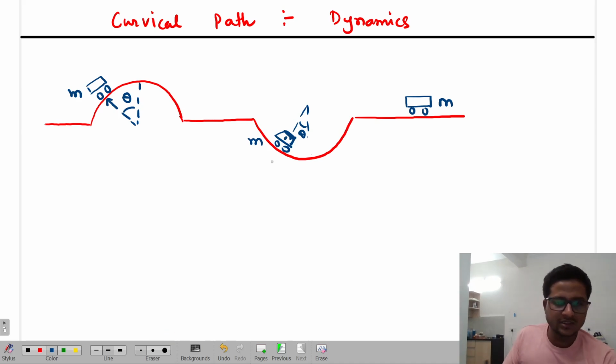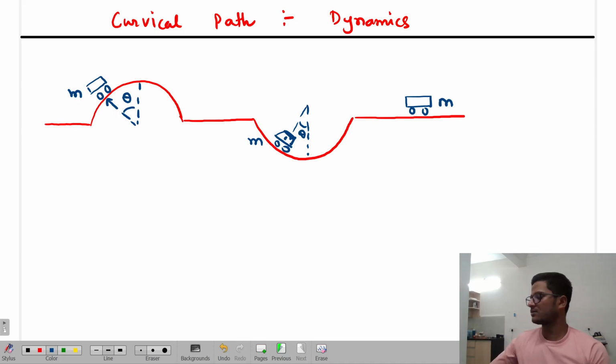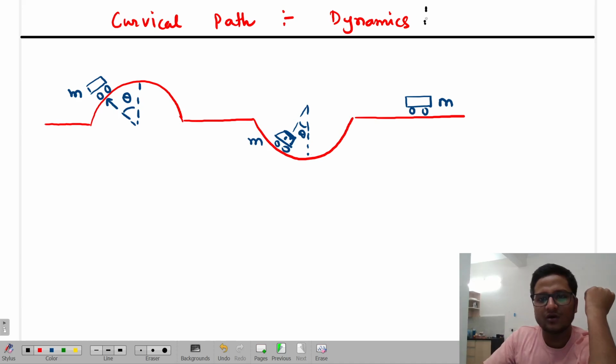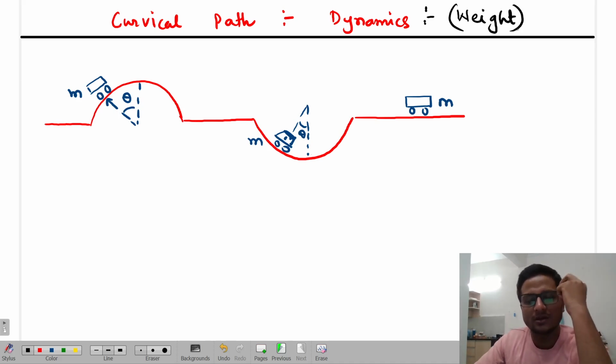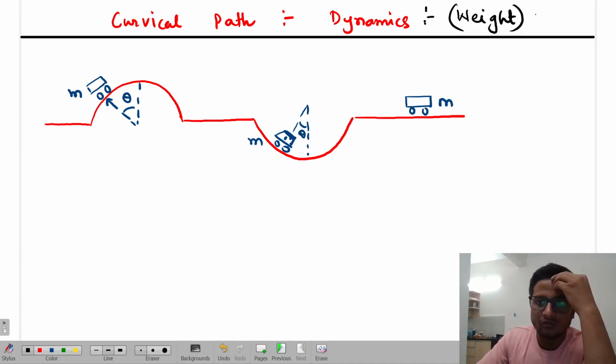So then if I ask you, in which of the following case the body will feel the very less weight, what will be that particular answer? देखो, सबसे पहले मैंने तुम्हें पूछा डायनेमिक्स में द वर्ड वेट के बारे में, है ना? यस। अच्छा, many people will tell, sir, weight is mg, isn't it?